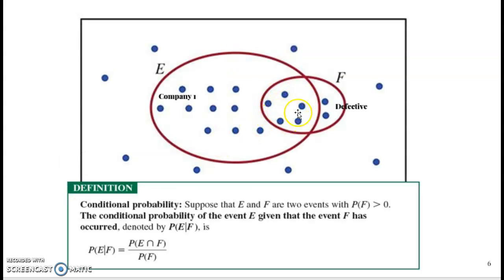So there's 5 in the intersection of defective and company 1. Here's the 5, okay, out of the 7 that are defective. But there's 5 out of 25 that are defective within that company 1. So this is the visual. These dots out here then obviously are the ones that are not in that sample set.